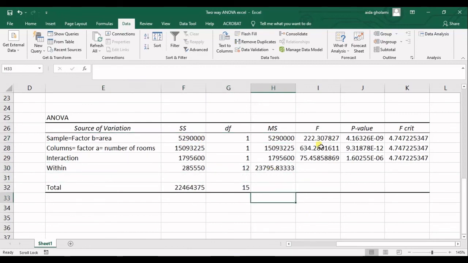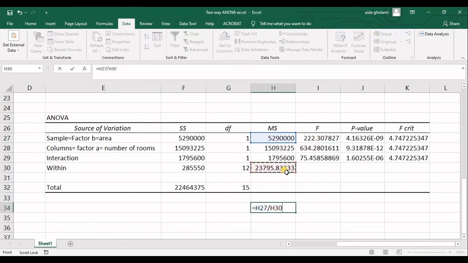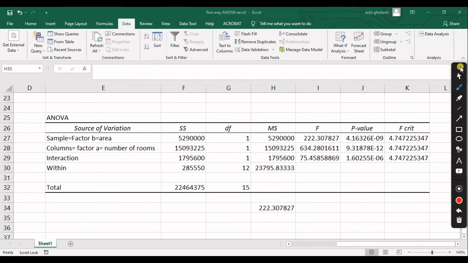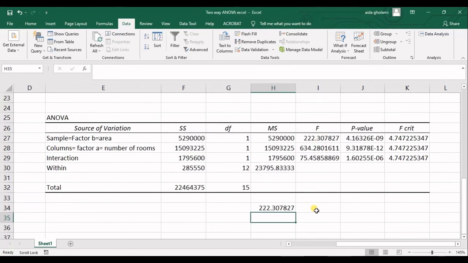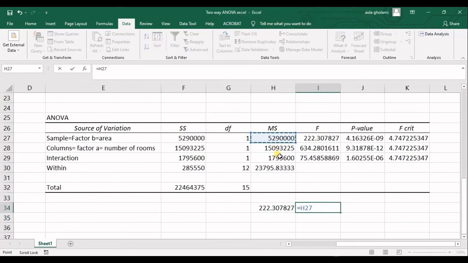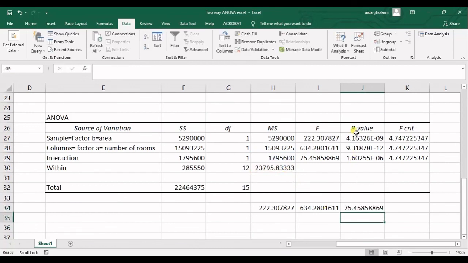Okay, so we have the f statistic in here, and we can divide this one by this one to get the first one, and then we can divide the second one by the within to get the next, and then the next. And then we have the p-value related to this f statistic, and all we have to do for decision making is by this p-value.